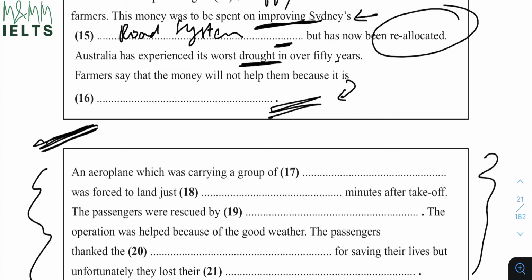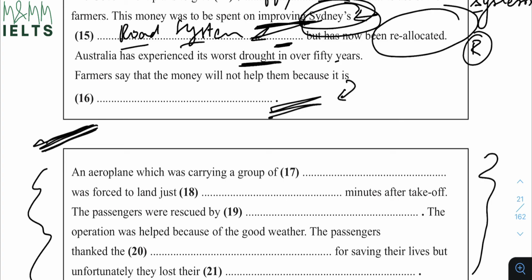Restructured, reallocated: see, synonyms. So they have done that. And Sydney's, it was very clear. They have said Sydney's, so Sydney's road system. Road system is 2 words, and we have to write no more than 3 words, so it's right. But how will I write down road system? Road system, so R and S have to be small letters.